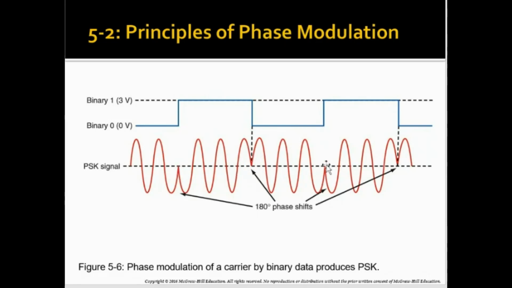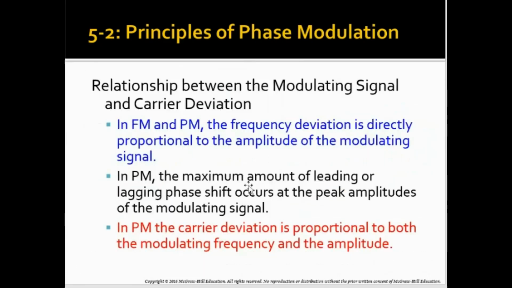This is for a digital signal, but when it is an analog signal, you don't have a sudden change in your amplitude, so it is a gradual change. So your phase changes slightly, not that rapidly.